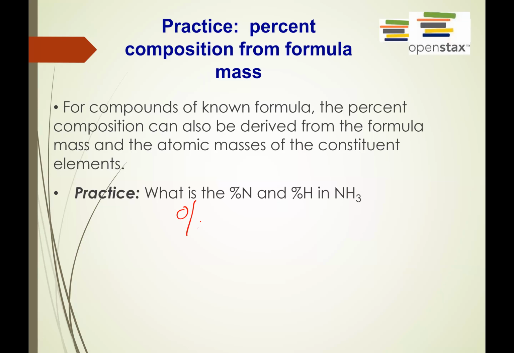I'll help you with nitrogen. What is the part for nitrogen? How much does nitrogen weigh? Nitrogen weighs, if you look at our periodic table, 14.01. That one's got a lot of numbers on it. So nitrogen is 14.01.